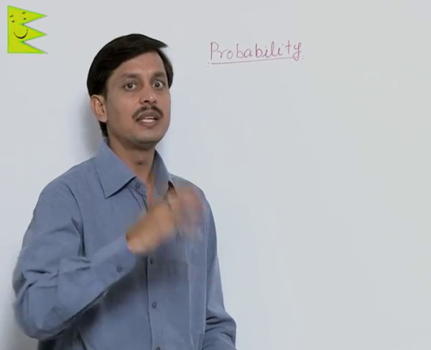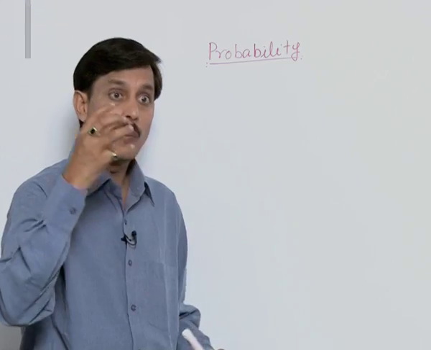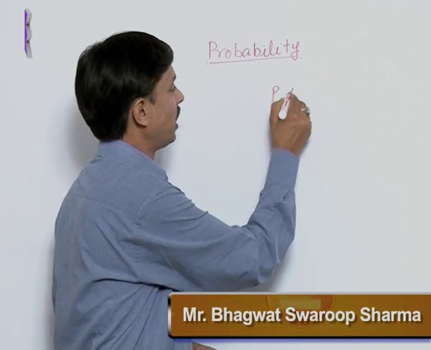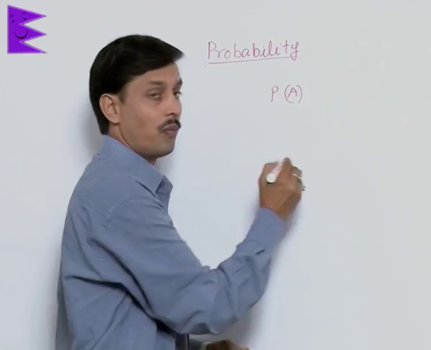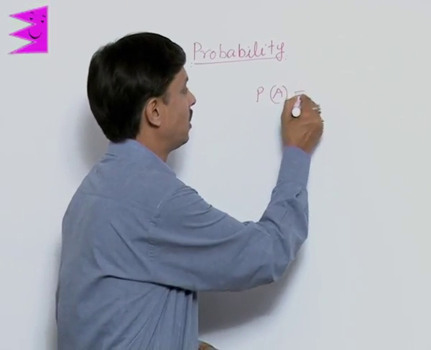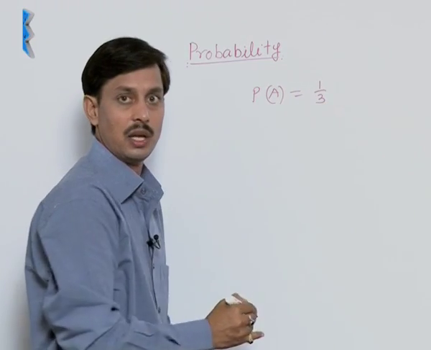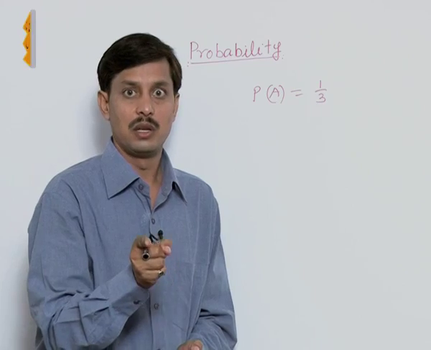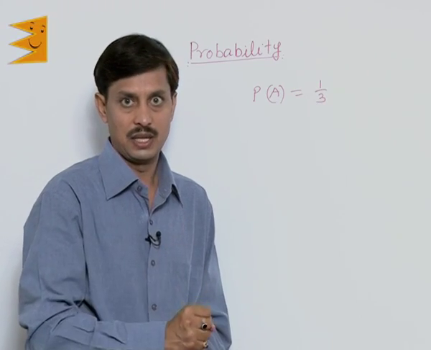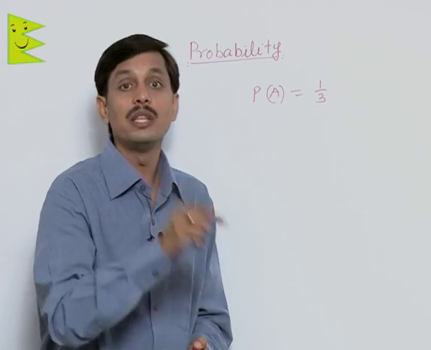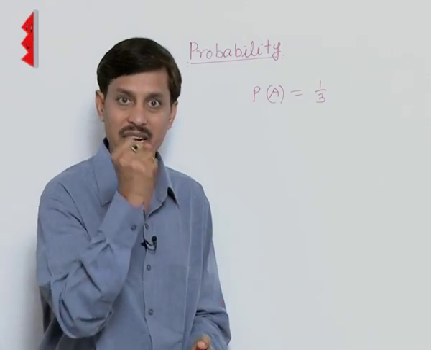Suppose I say the probability that a job or work can be done, or the probability of some event, is 1 by 3. It means that out of 3 ways, out of 3 trials, out of 3 in the sample space, only one is the way where we are going to get success.